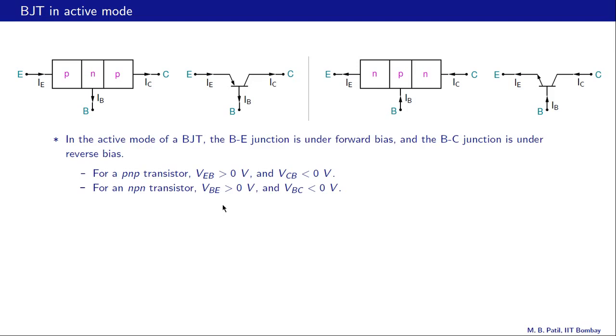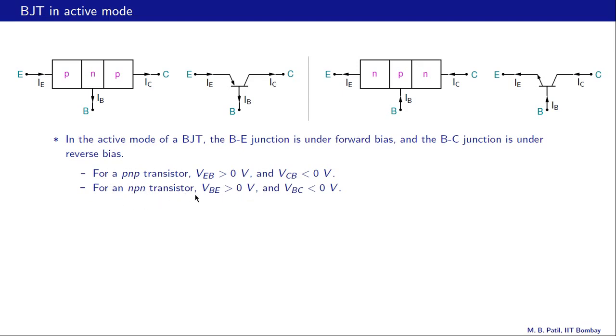So this is the summary of what we just said. In the active mode of a BJT, the base emitter junction is under forward bias and the base collector junction is under reverse bias. And for a PNP transistor, it means VEB, that is VE minus VB, is greater than 0 volts, and VCB, VC minus VB, is less than 0 volts.